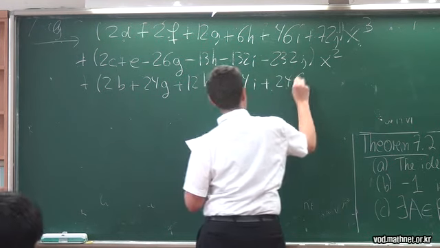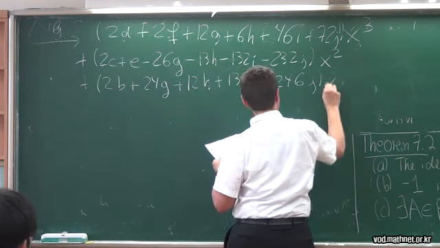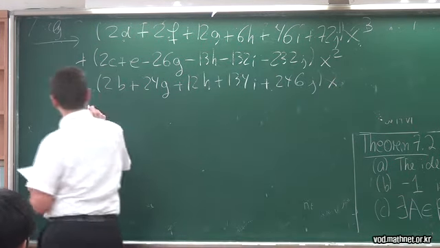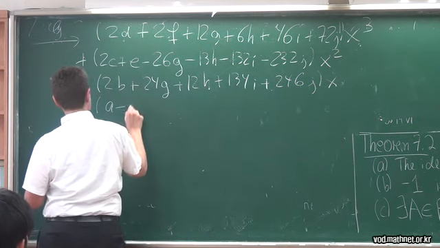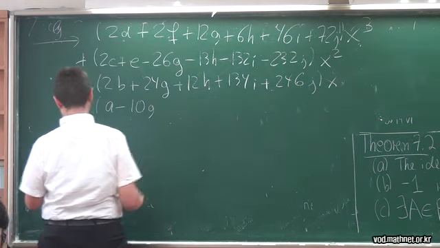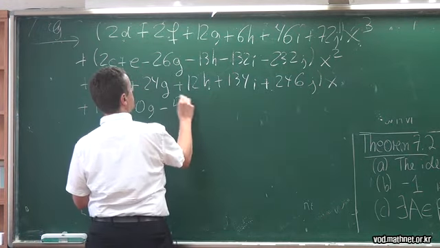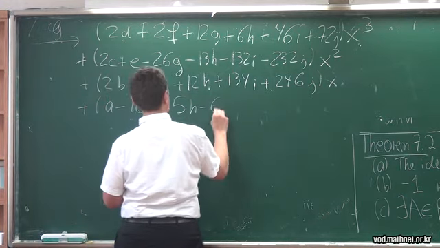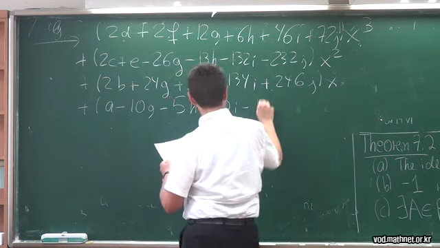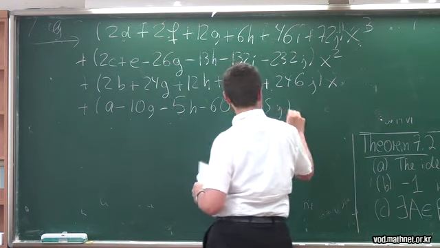Everything is rational arithmetic, guys. j, x, minus a, plus a minus 10g, minus 5h. That's the constant, 115j. Okay?